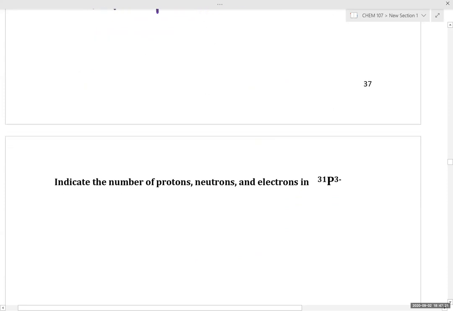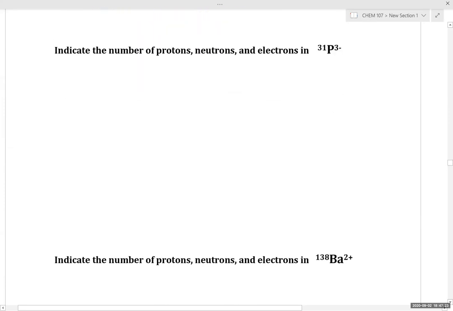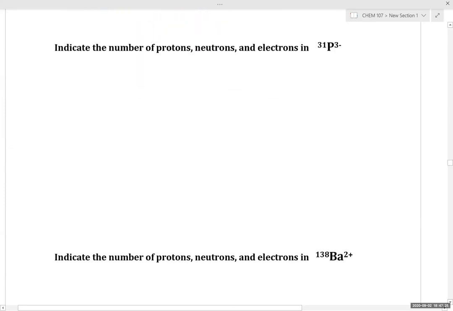Okay, let's work on the following example. Let's indicate the number of protons, neutrons, and electrons in phosphorus 31 3- and barium 138 2+. This will be the last example set for today, and we'll discuss it in about 4 minutes.